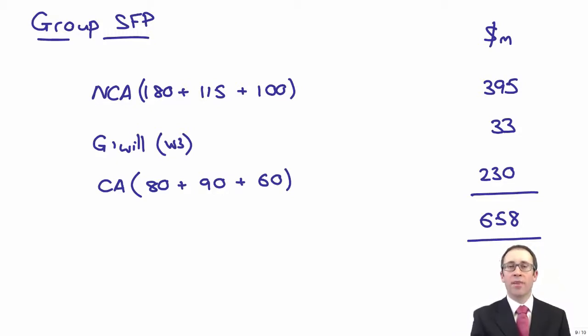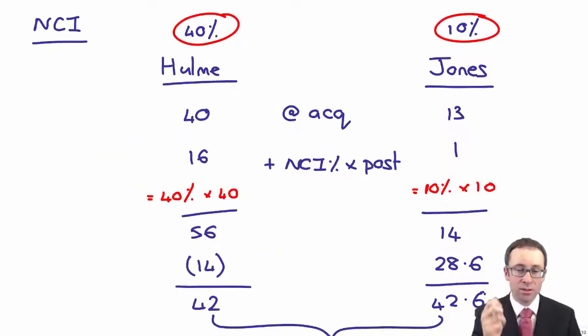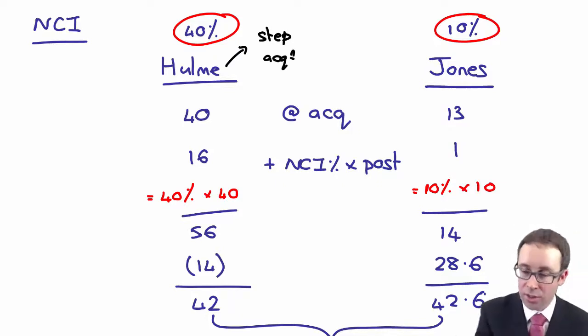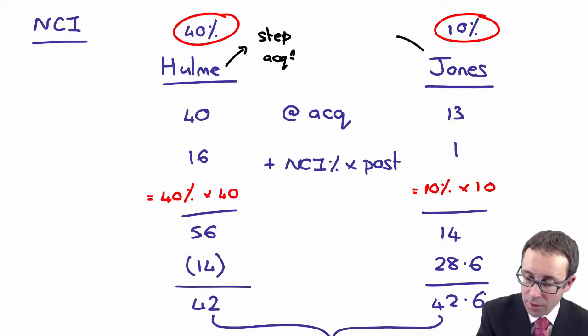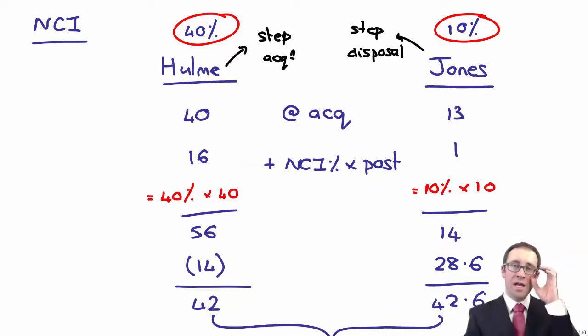So a lot was going on within that question. The bits I want you to focus on: don't worry about the goodwill, don't worry so much about the net assets. I want you to focus on the NCI calculations, because remember what you had within Hume was a step acquisition with a change in ownership, and then with Jones, a step disposal with a change in ownership.